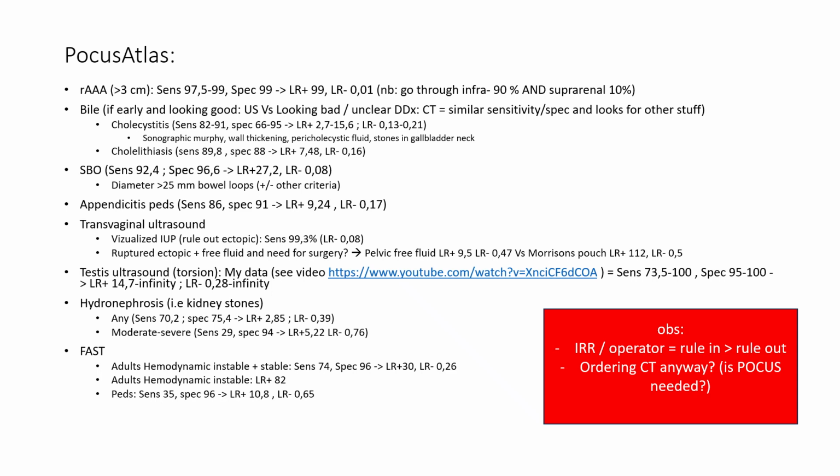And then the FAST scan. One of the things with the FAST scan is that I think it's 250 or maybe 500 milliliters of blood that you have to have in the abdomen before it's detectable. It's a bit less with the transvaginal ultrasound in the suprapubic region, and it also depends on the Trendelenburg position.